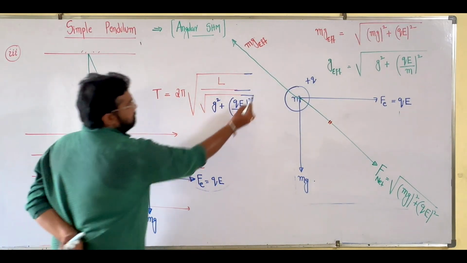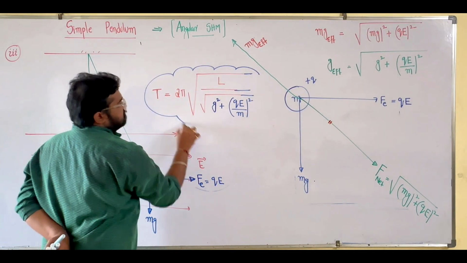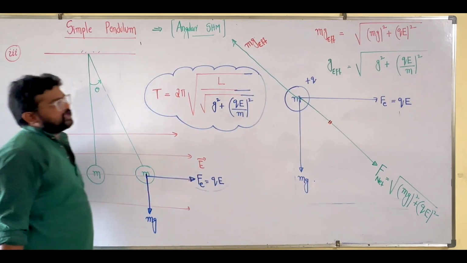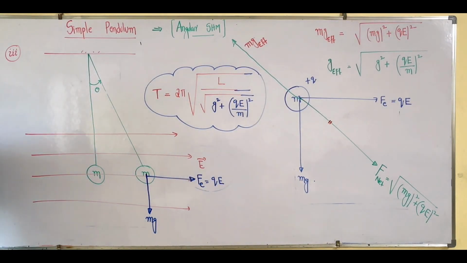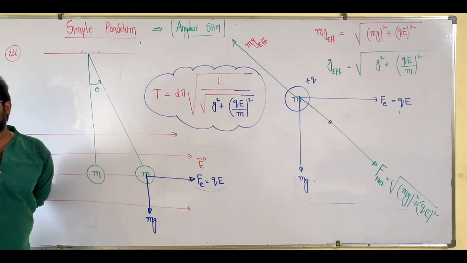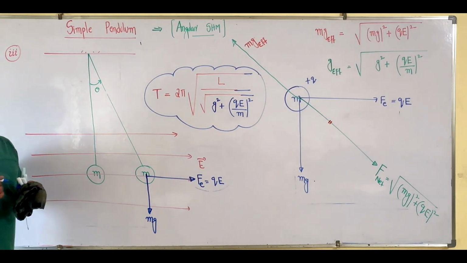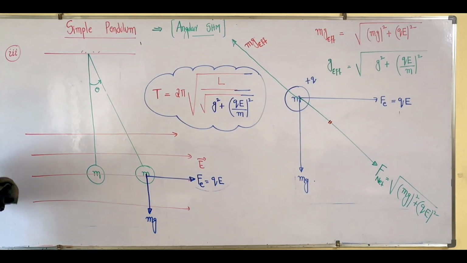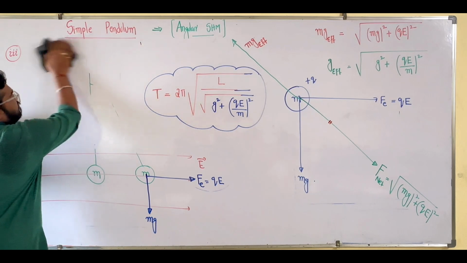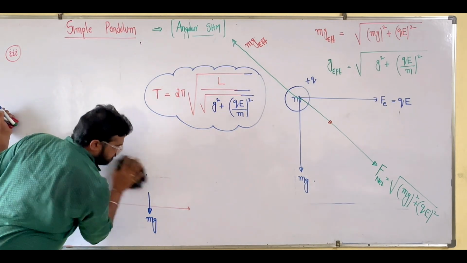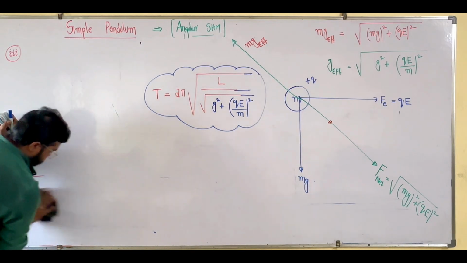Are you following? This is the time period of oscillation when the electric field is horizontal. Completed. Next, case 4.